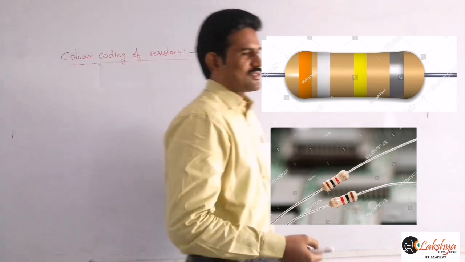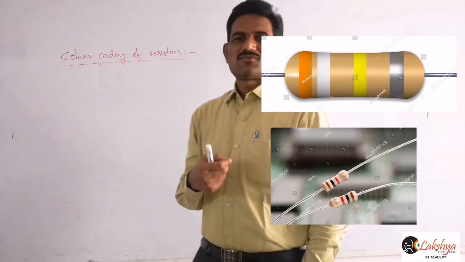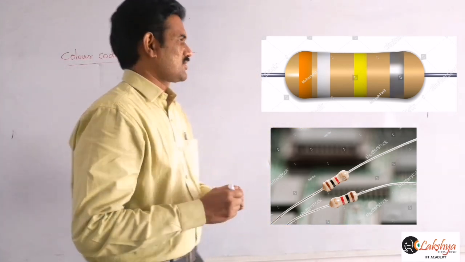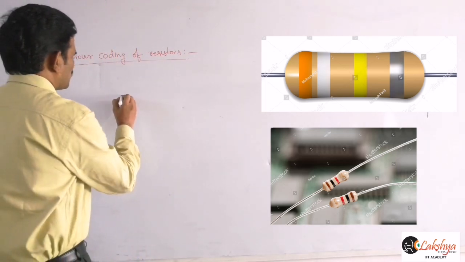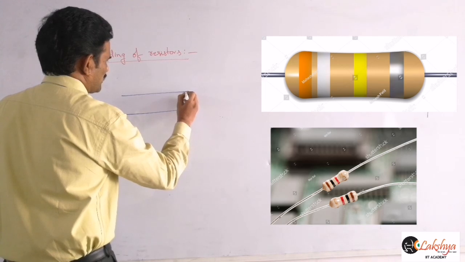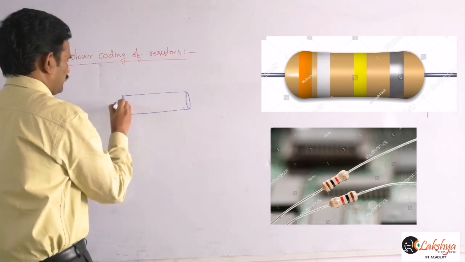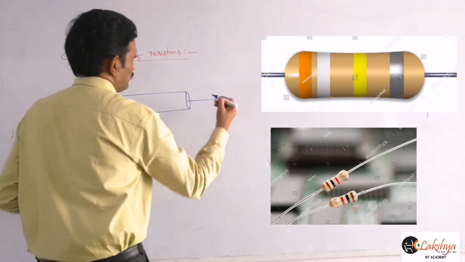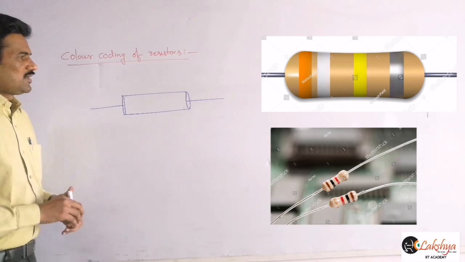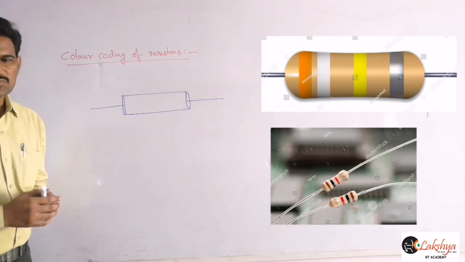Generally on the resistors, circular colored rings, bands, will be there. With the help of those bands, we need to observe the resistance value. Practically the resistance will be there like this, and to express its value, colored rings will be there.